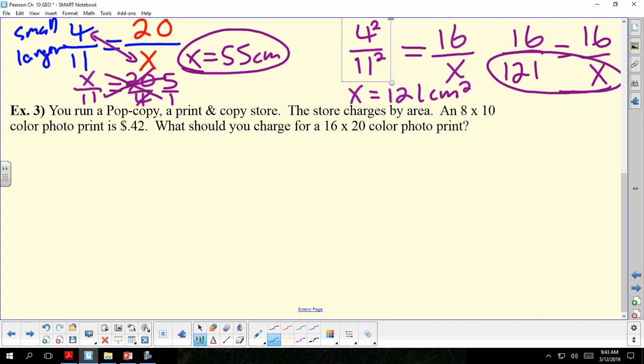So let's figure out the area of the smaller one and the area of the larger one. So the ratio of the sides is 2:1. So the ratio of the areas, 2 squared over 1 squared.